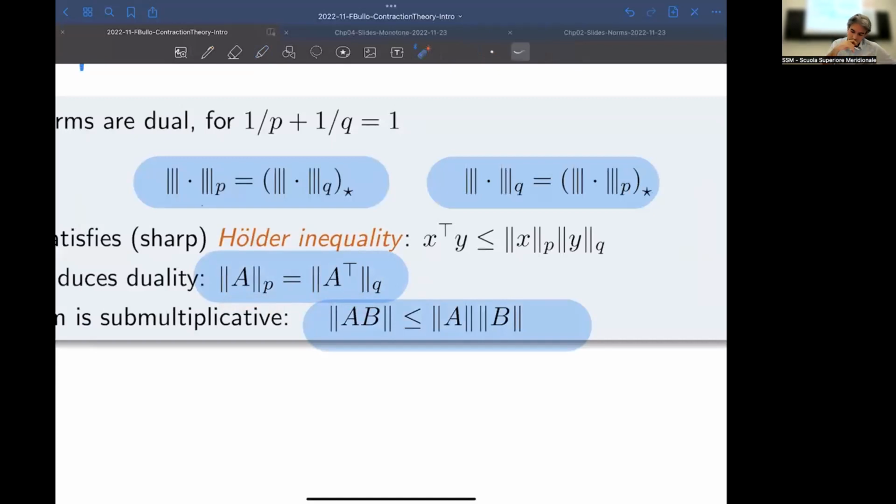So this is known. And the final thing that is known is called the Holder inequality, which is actually a sharp inequality in an interesting sense. The Holder inequality says that if you do the pairing between a row and a column, then it's upper bounded by the P norm of the column vector and the Q norm of the row. This is tight. If I fix Y to have unit Q norm, well, anyway, this is tight. I'll just leave it at that.